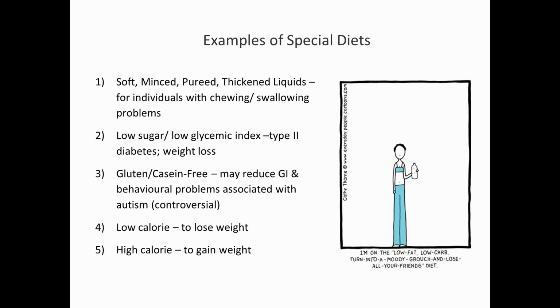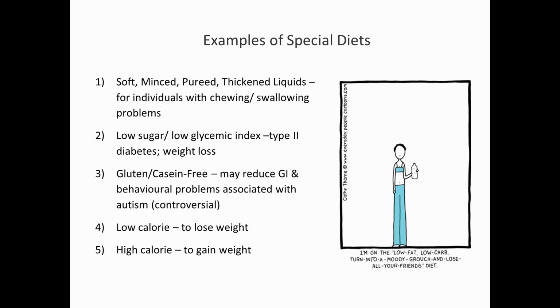Now this is controversial and it seems to vary from individual to individual, but you may be supporting a child whose parents are trying it, or who has found that it seems to work well. Kids with autism often have GI issues, and so sometimes gluten and casein-free diets may help with those, even if they don't help with behavioral issues.